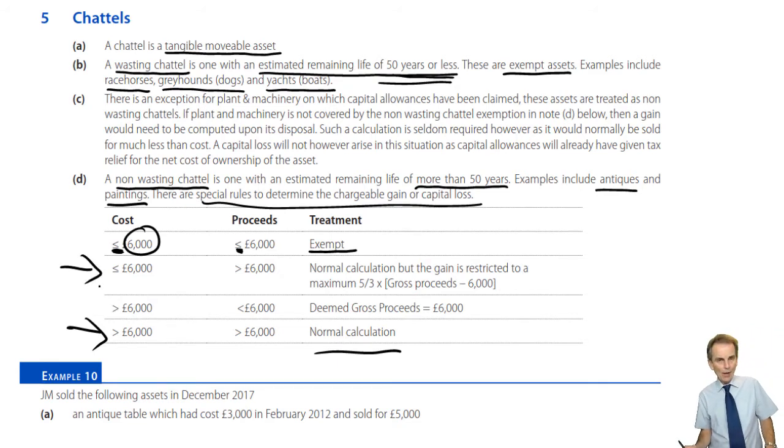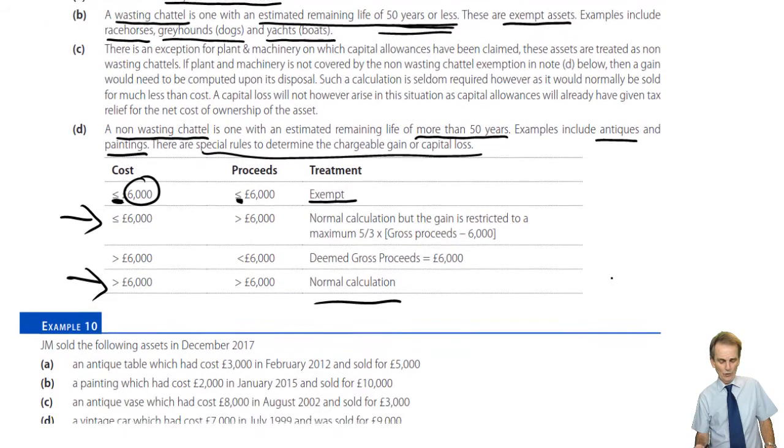if we buy an item for less than 6,000 and we sell it for more than 6,000, two calculations are to be performed. Firstly, your normal calculation. What did you sell it for? What were your selling expenses? What is my allowable cost? Work out the chargeable gain.